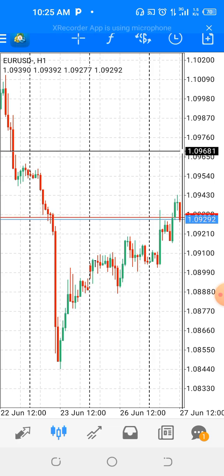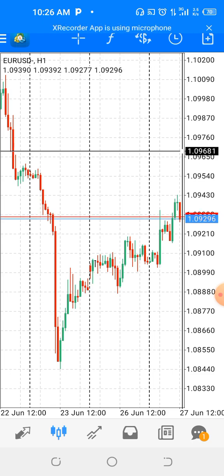And here, after the 1, we have the decimal point, then we have 09681. Now the pip we are talking about is just the fourth figure after the decimal point, which is this 8. The fifth one is the pipette. Our concentration is on the fourth one.